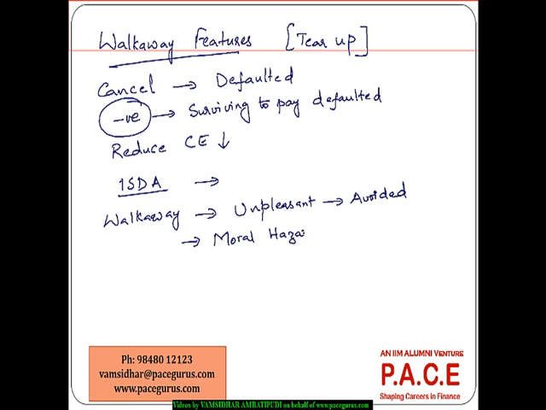Right? So that's the reason for the majority of the ISDA agreements today, we don't see the walkaway feature being implemented. But from the surviving counterparty's perspective, the benefit is it need not pay anything that it has to pay to the defaulted counterparty. That's the kind of benefit that comes up. But again, that will impact the relationships with the counterparty.